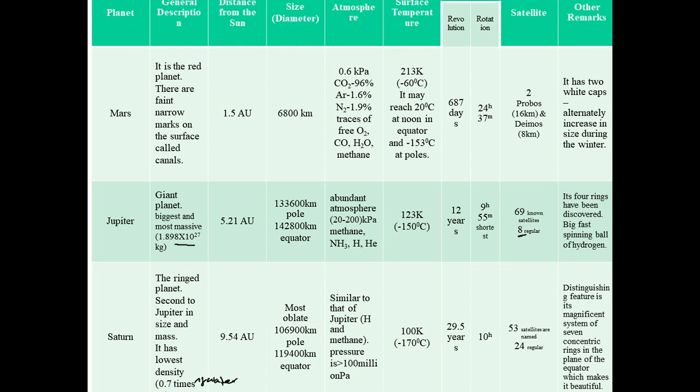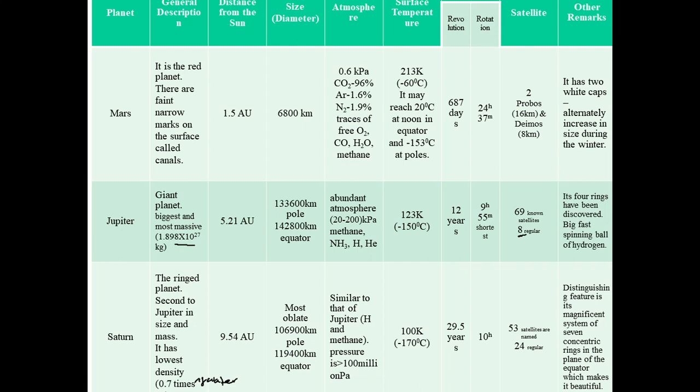And the distance of Saturn from the Sun is 9.54 astronomical units. As for the shape, it is the most oblate planet in the solar system, having a diameter of 1,06,900 kilometers at the poles and 1,19,400 kilometers at the equator. So it is the most oblate planet in the solar system, second to Jupiter in size.